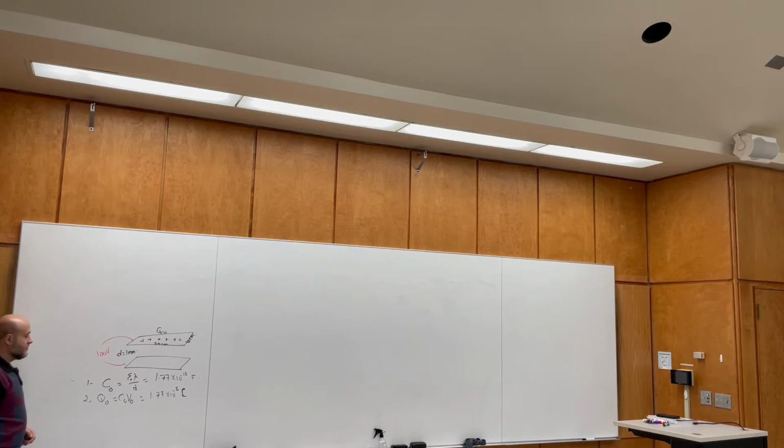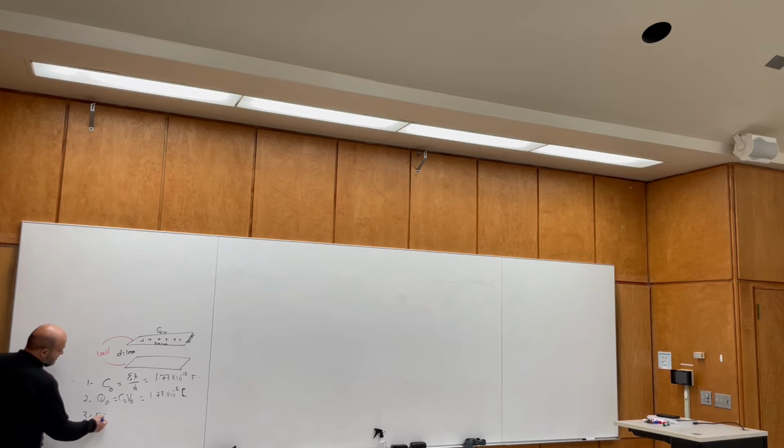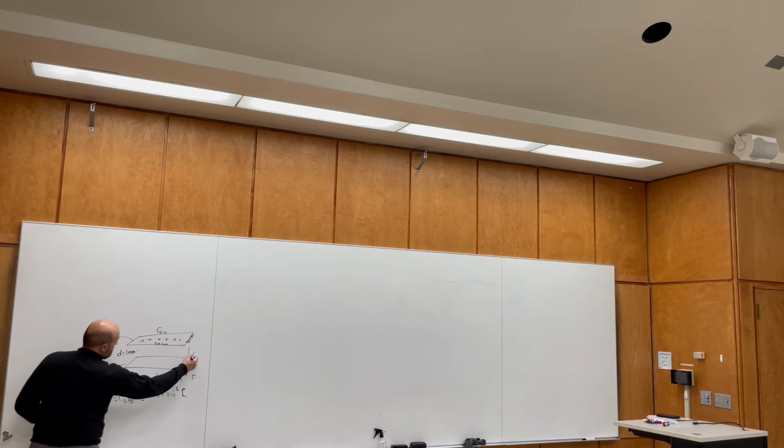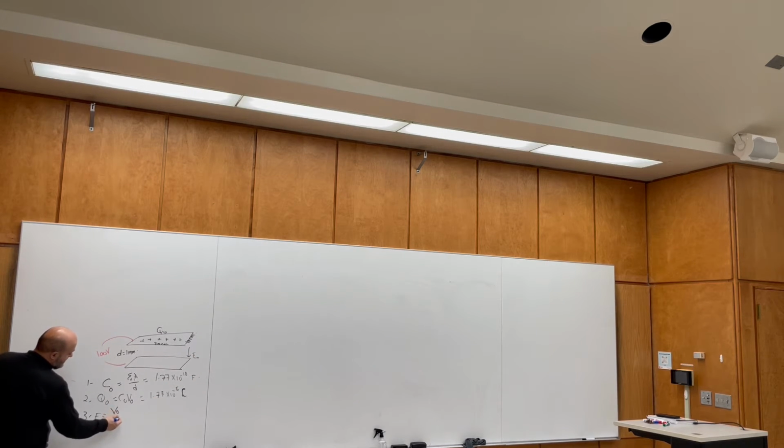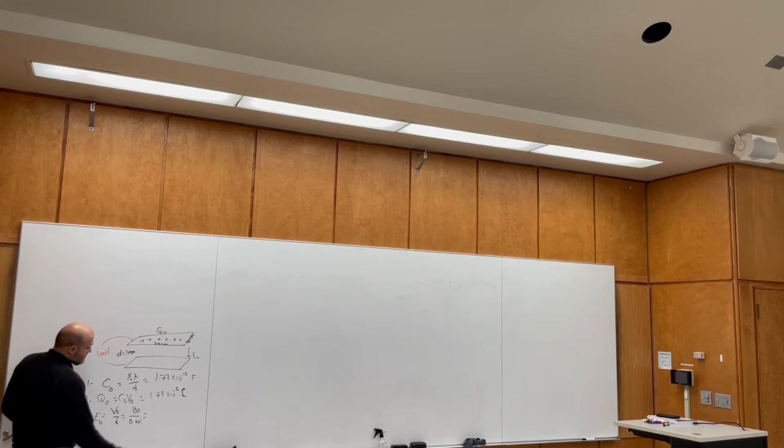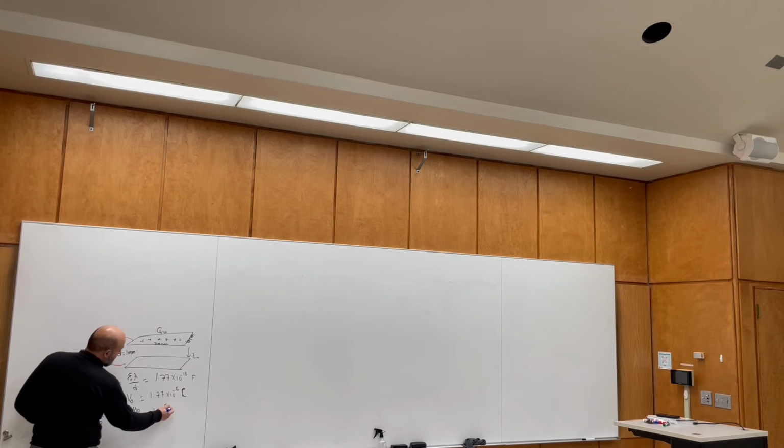Then what is the electric field E0 between these two plates? This is V0 over D, which is 100 over 0.001 meter, which is 1 times 10 to the 5 volts per meter.